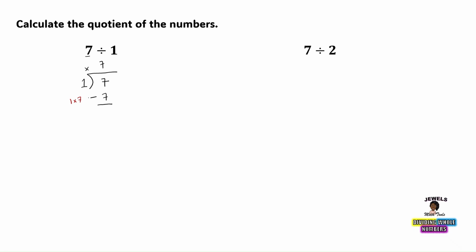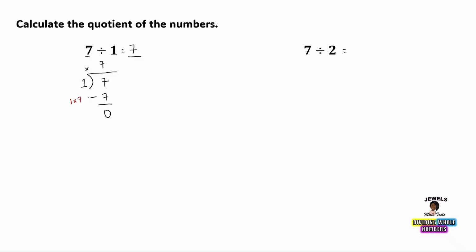So they know that the answer to their multiplication, which is their product, is always written underneath our divisor. So we have 1 times 7 is equal to 7, and we have 7 subtract 7 is equal to 0. So our quotient for this question is equal to 7. So let's move to our second example.